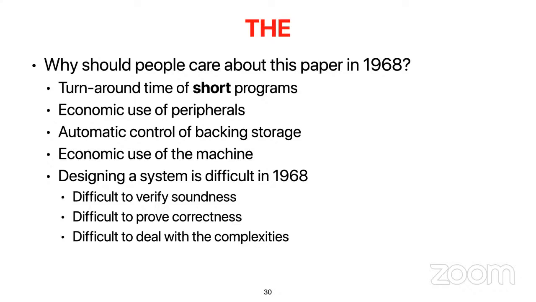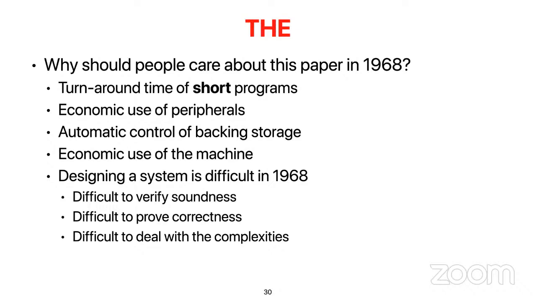And the last thing, which some of you already said, is that the conclusion also says why you should care about this paper, because this is actually the first operating system paper that tries to design an operating system for real and then tells you it's really hard. Designing a system is really hard. So this paper actually sets the foundation of the whole of software engineering.